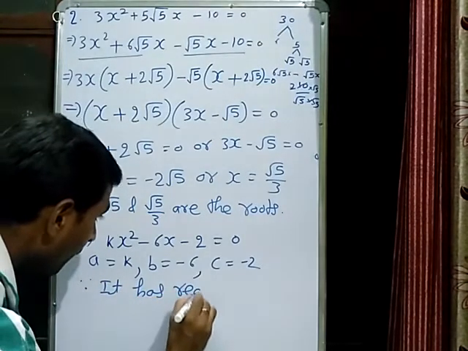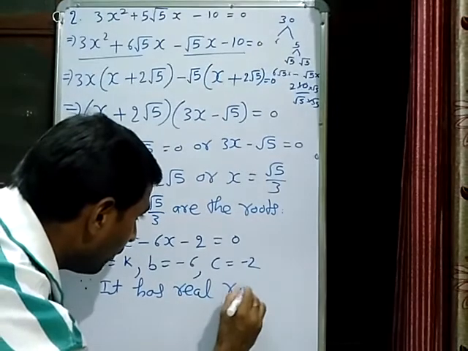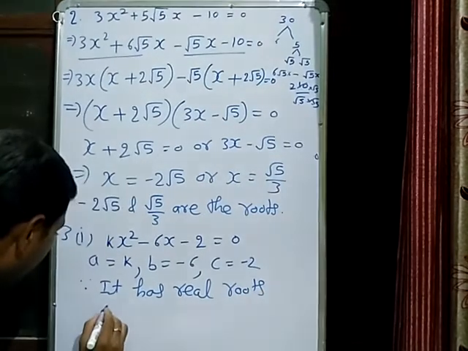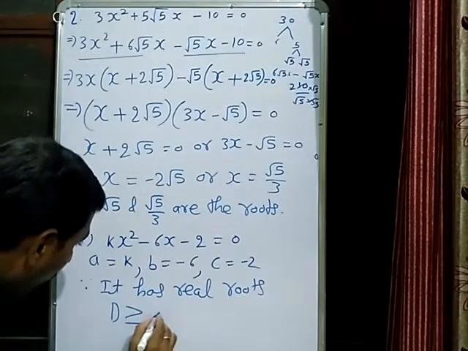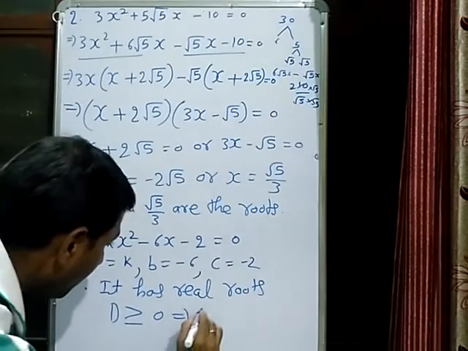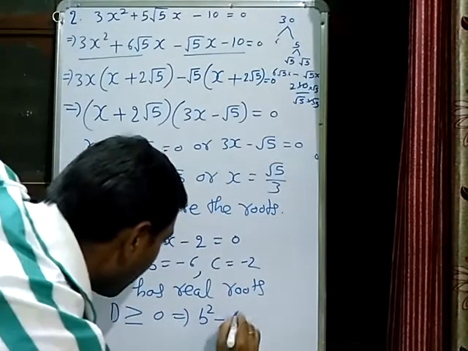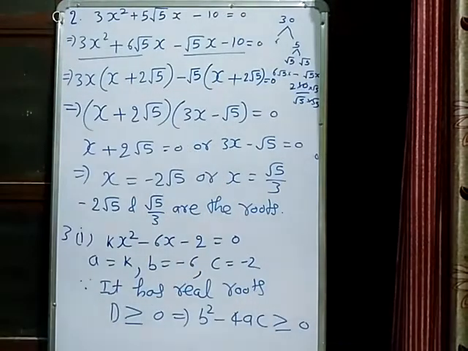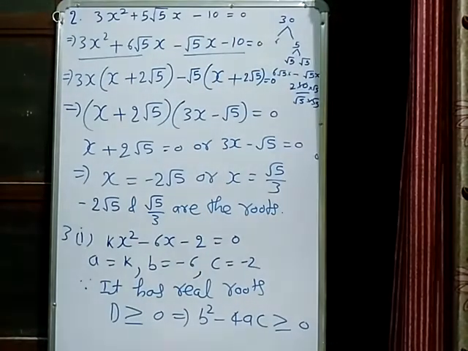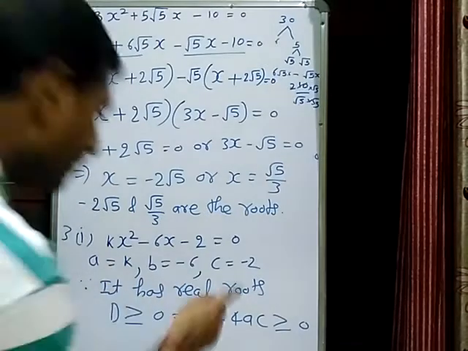Then since it has real roots, do you remember the condition for real roots? For real roots, D must be either greater than or equal to 0, both. And what is D? D is b square minus 4ac. So that must be greater than or equal to 0. Correct now? What is b? Minus 6.